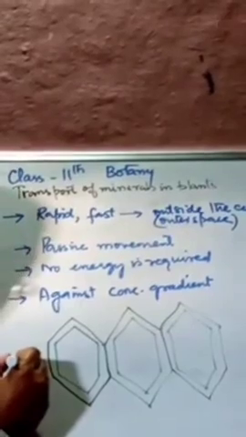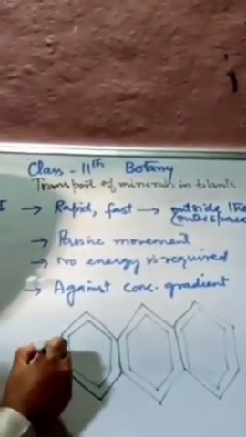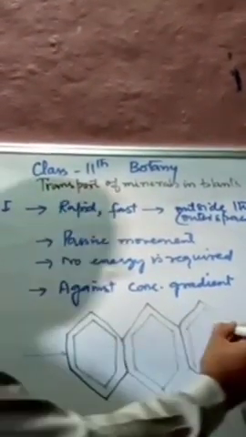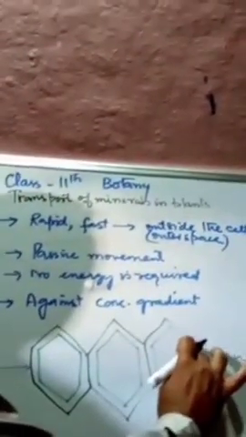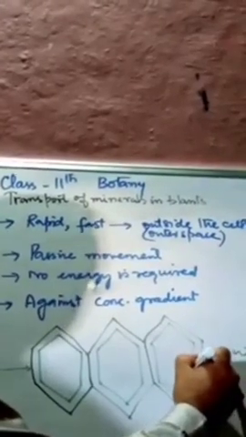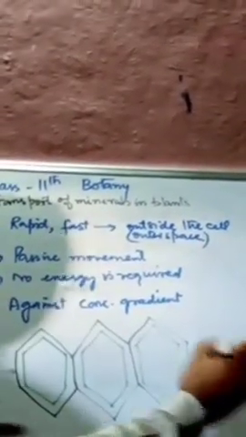Now water, or rather minerals, they move. This is the cell wall, and this is the plasma membrane.